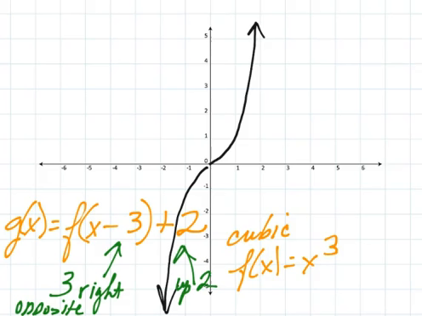All right, so let's try this. We're going to go 3 to the right, 1, 2, 3. We're going to go 2 up, 1, 2. And that is our transition point on this one. Instead of a vertex, it's more like a transition point. So I need to go up and I need to go down. And there's my cubic.